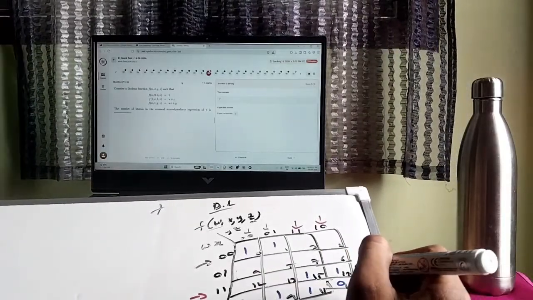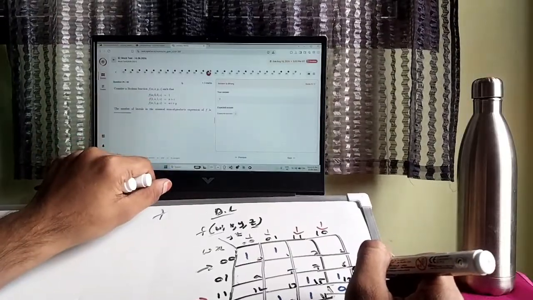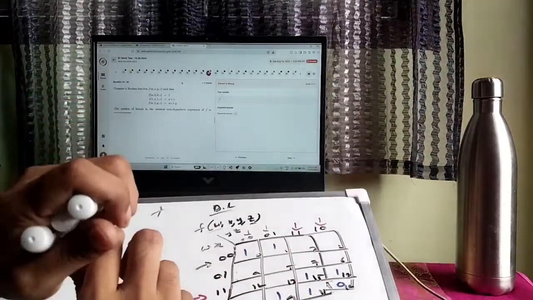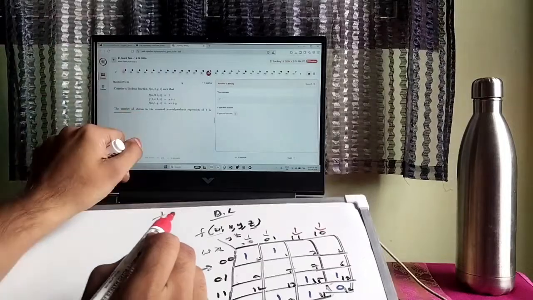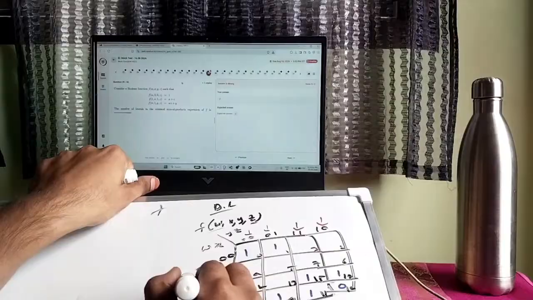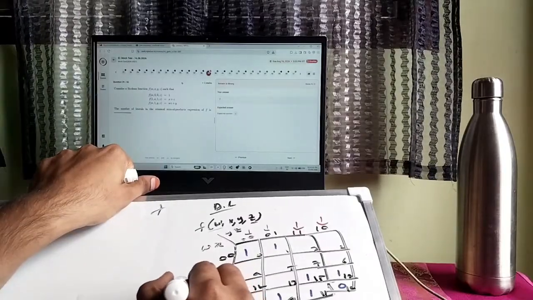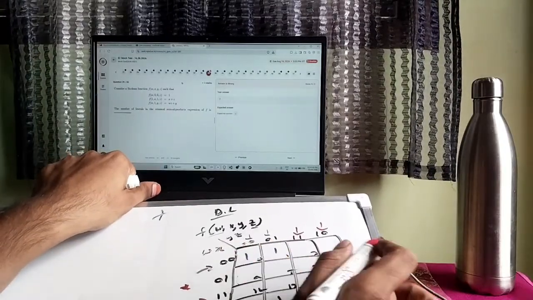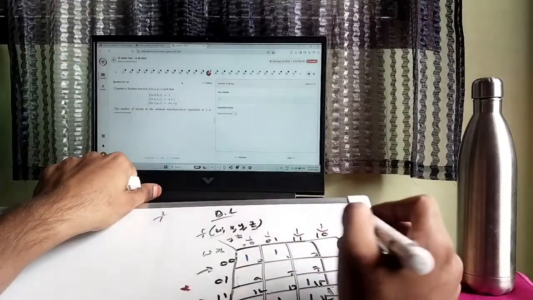Fine. Then the last function: x is 1, which means we consider these two rows.